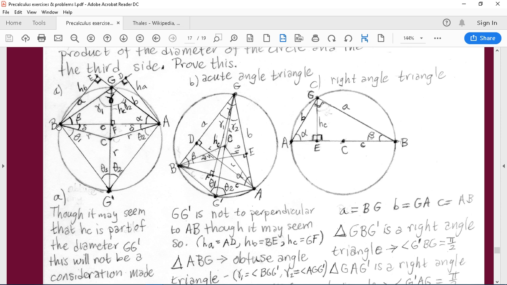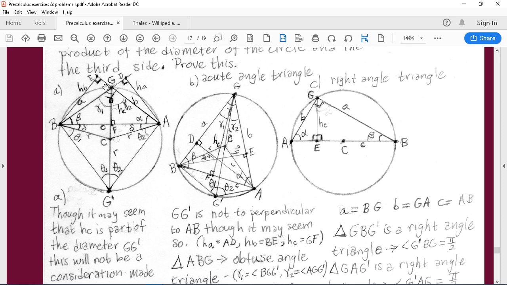So we have BDA and BGF. For sine of alpha, we had triangles ABE. Here would be ABE, with E being outside the obtuse angle triangle BGA, while in the acute angle triangle case it was inside the acute angle triangle BGA.